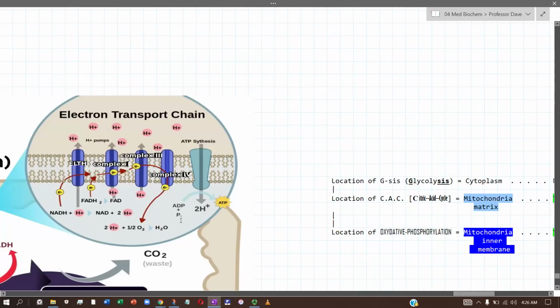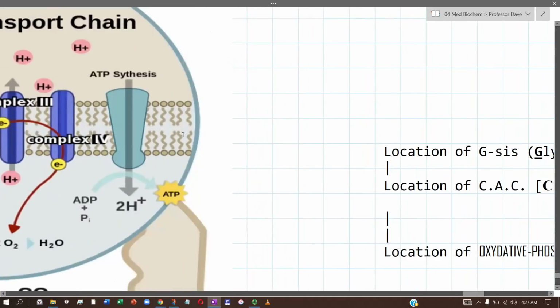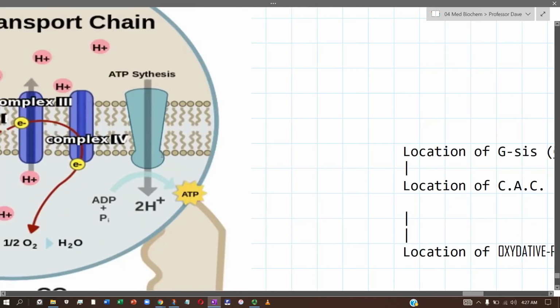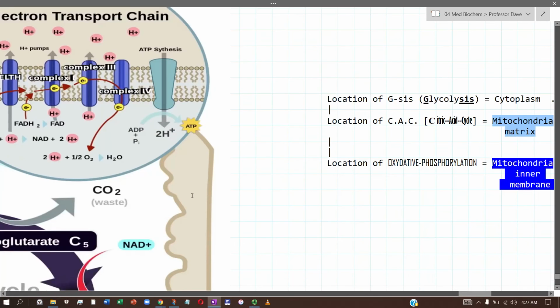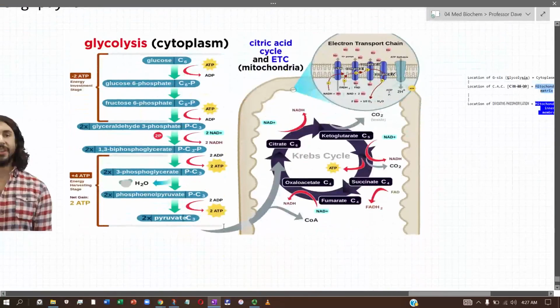And that's where you take an ADP and a single phosphate, you associate them with the ATP synthase pump, and you end up with ATP. So again, we'll cover that in detail later. But for now, here you go.